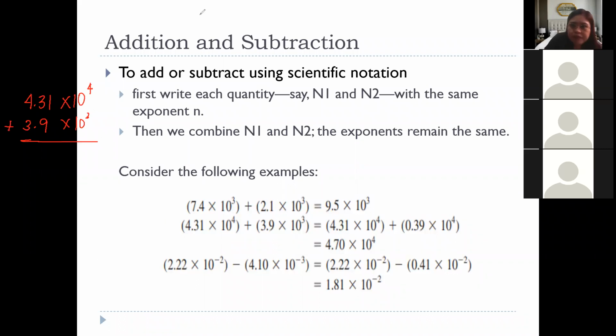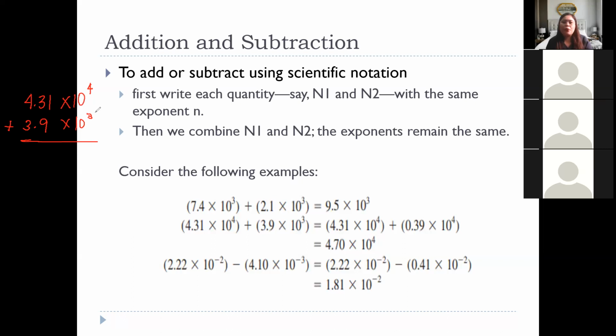Again, let me rewrite the 3 kay dili maklaro. Okay, so we have here 2 givens but they don't have the same exponent. Pag dili ganina the same ilang exponent, you cannot directly do the calculation. Again, in addition and subtraction, we have to make sure that the exponents are the same.